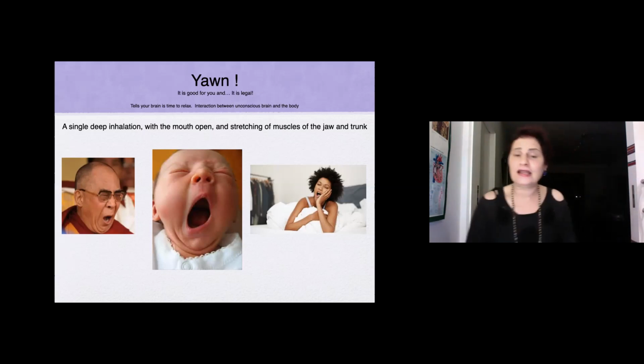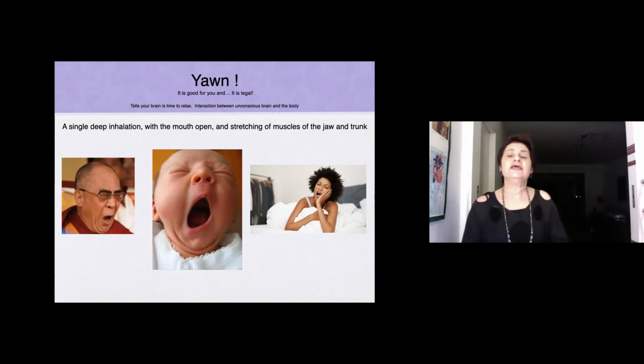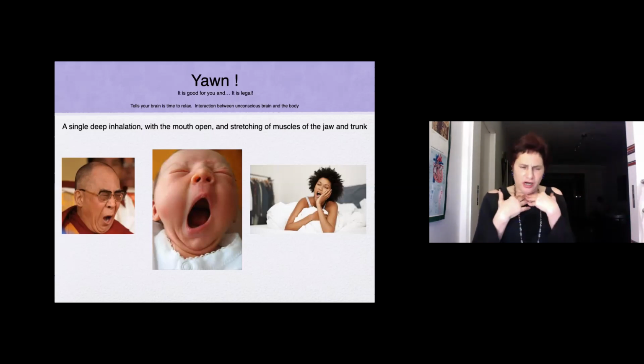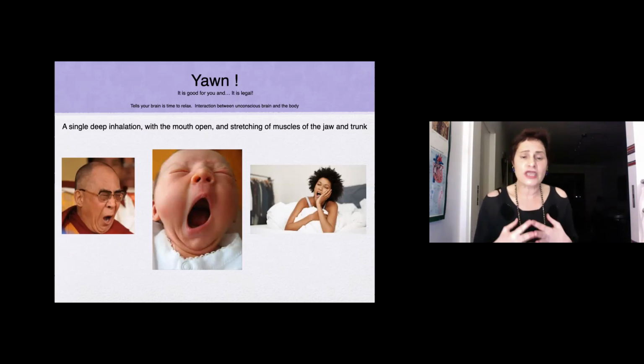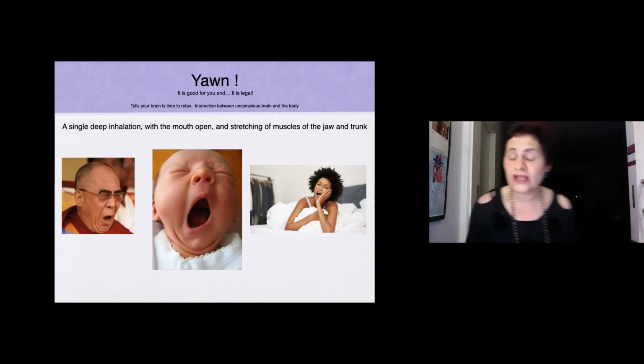Now we have the Dalai Lama, a beautiful newborn baby, and a nice lady showing us, and you know, yawning is contagious. So please try to simulate a yawn, and you can master that ability, and it's going to be extremely useful. So how can you induce a yawn with your will?